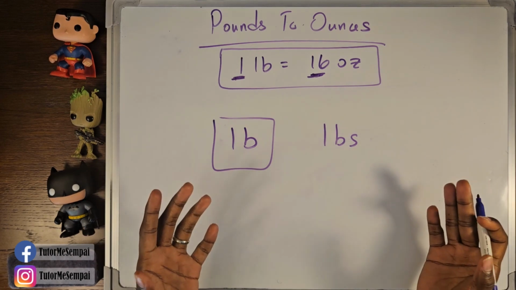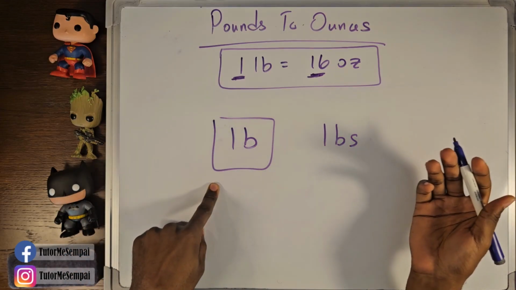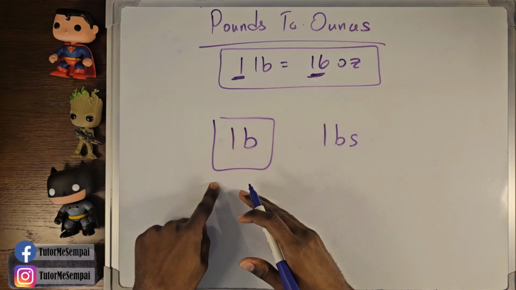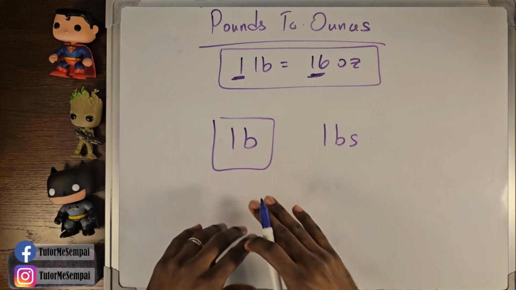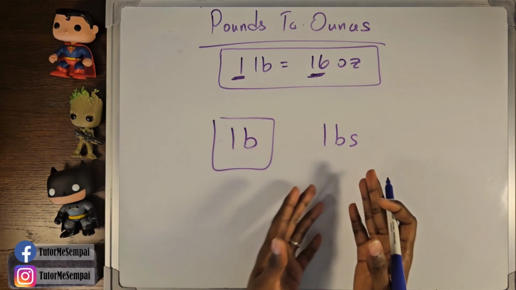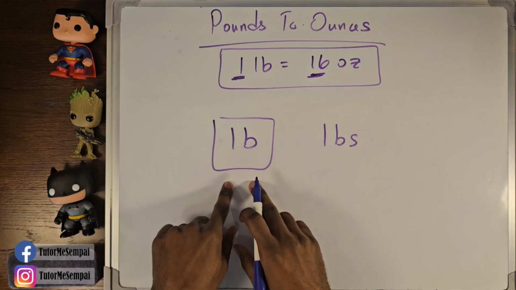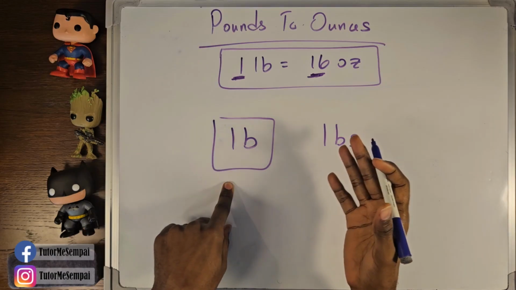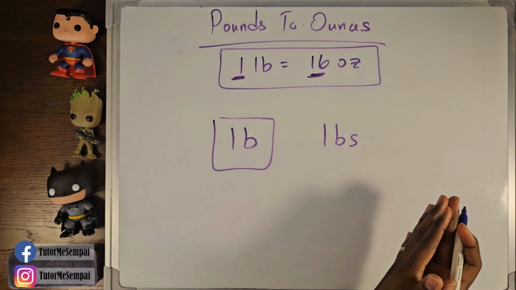But to stay on the safe side, so that no one critiques you, just use LB and you will be fine for both a single pound or multiple pounds. With this, I hope my clarification can help mitigate any confusion that I may have caused with my personal preference. I like using LBS. It's very clear to me that it's multiple, but once again, you're safe and fine and probably even preferred to just use LB for both single and multiple pounds.